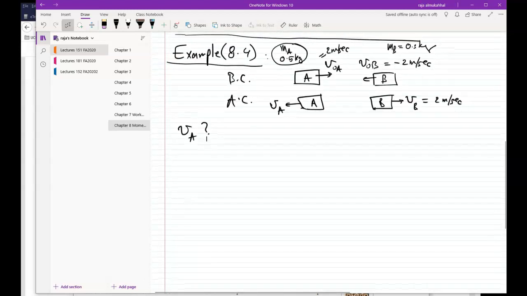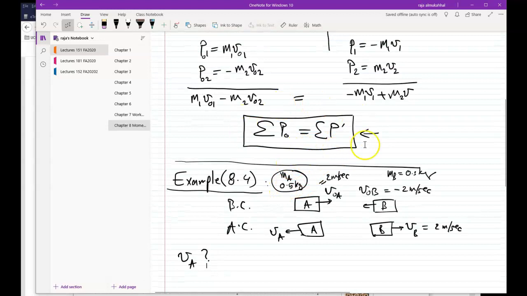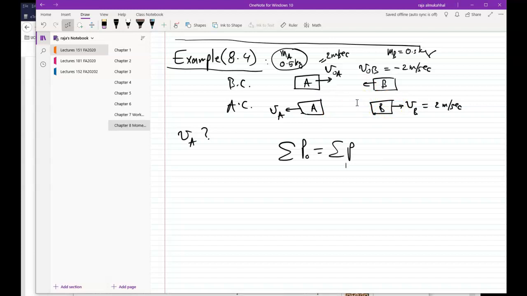Got it? So I want to use the conservation of momentum to solve this problem. So what does the conservation of momentum say? Let me write it down again. It says sigma P naught equals sigma P. The sum of the momenta before equals the sum of the momenta after. So let me write them down. And now I'm going to write down those equations while looking at this picture and putting the signs of the velocities, minus or plus.